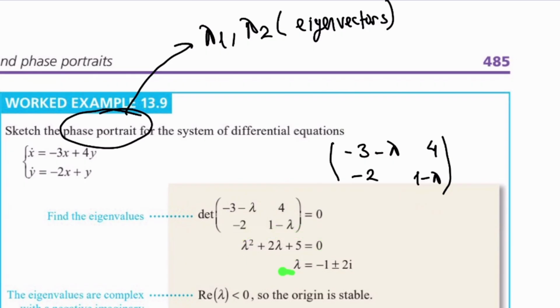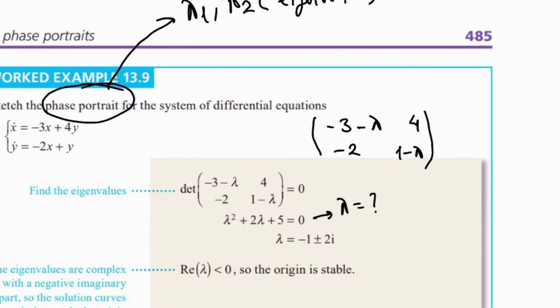Then how we can find the roots, guys? How we can find lambdas here from this point? You're gonna use the formula of, what was this formula called? x equal to minus b plus or minus the discriminant formula, right?